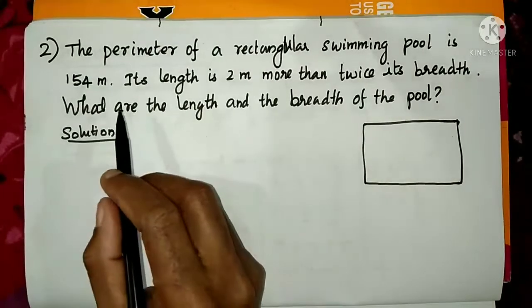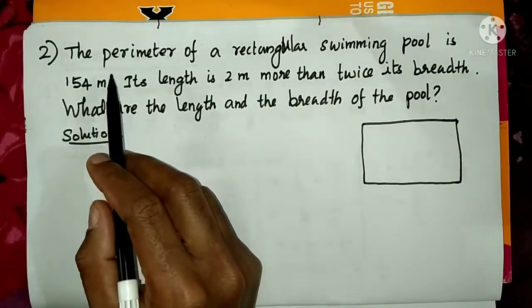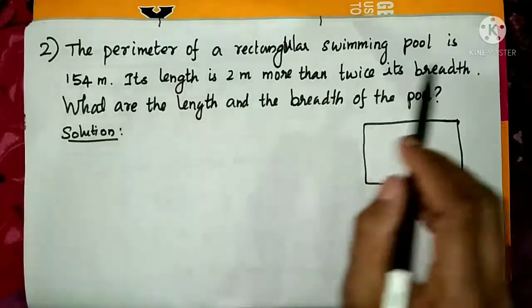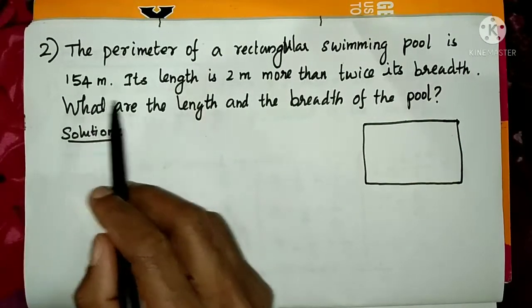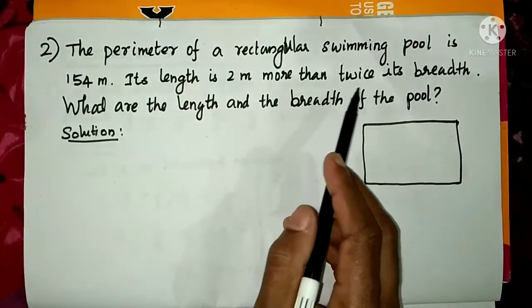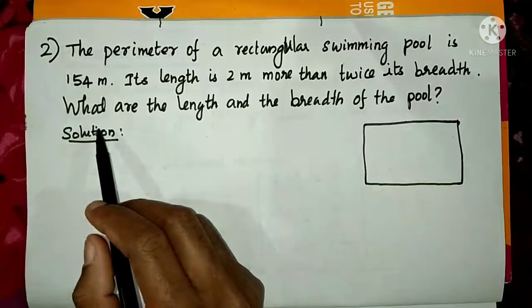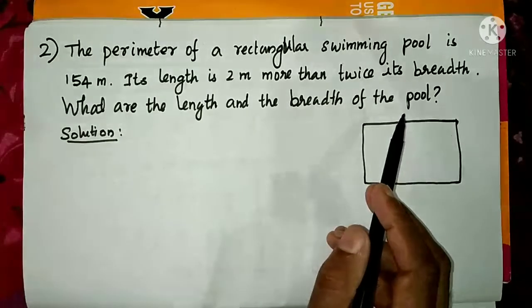Let us solve this second question. The question is, the perimeter of a rectangular swimming pool is 154 meters. Its length is 2 meters more than twice its breadth. What are the length and breadth of the pool?